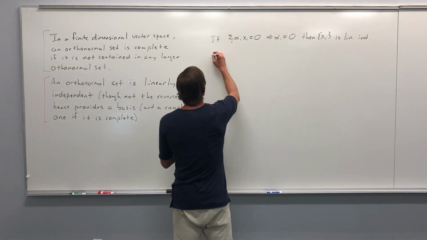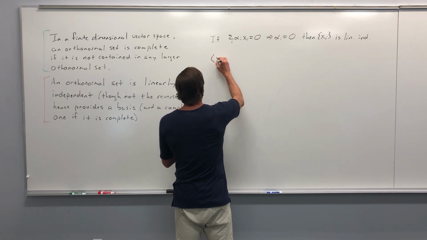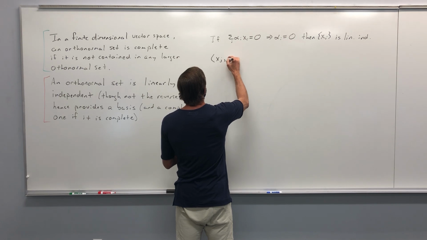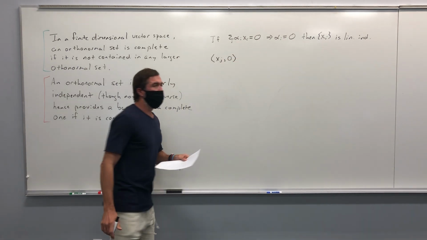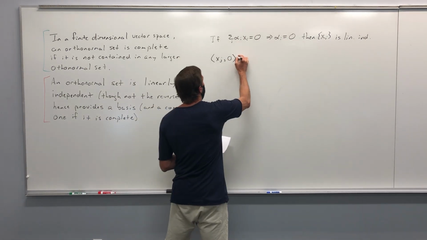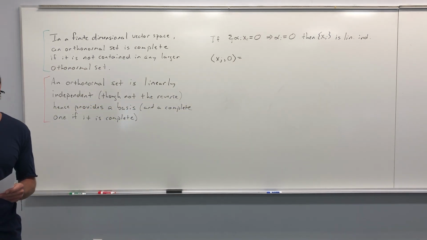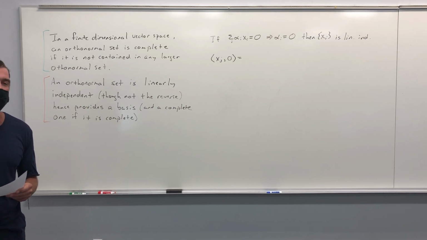First of all, what we can say is, if I take an element of the set and I do the inner product with the 0 vector, Joel, you asked for a hard question, so here we go. What does that equal to? Oh, I don't know. You need to phone a friend? Yeah, can you guys help him out? He's obviously stuck. What is it?